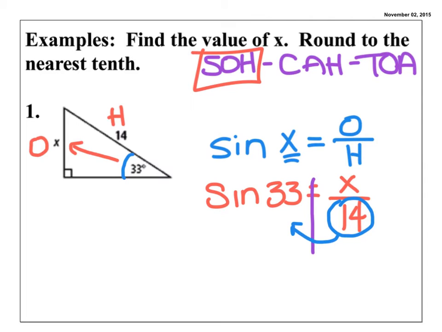On the right-hand side, I am dividing by 14. The opposite of dividing by 14 is multiplying by 14. So I'm going to come over here and do times 14. When I multiply that 14 to the other side, it gets rid of the 14 in the denominator.